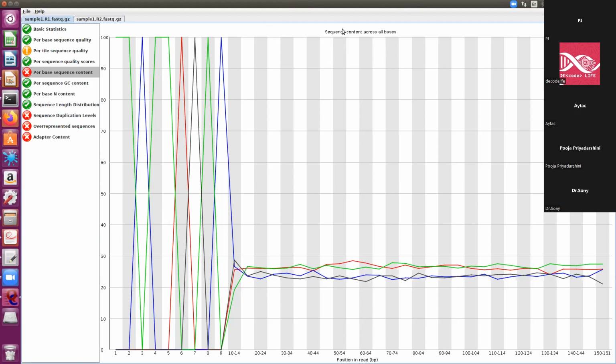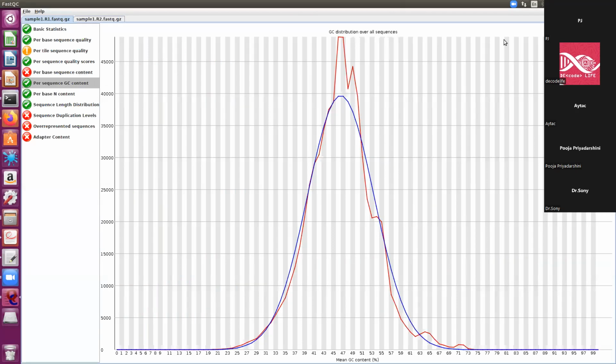Then comes the per sequence GC content. The ideal state is like an ideal curve, around approximately 50% in the majority of the reads. This is the number of reads, and this is the GC content.